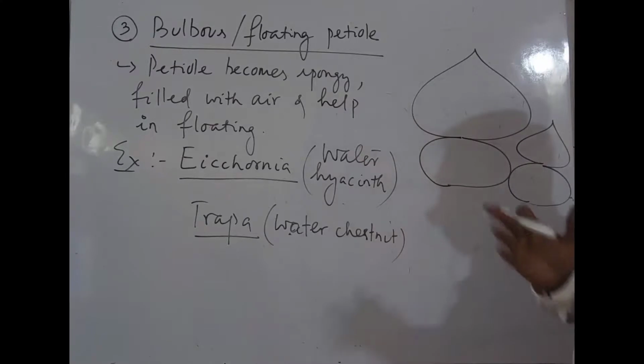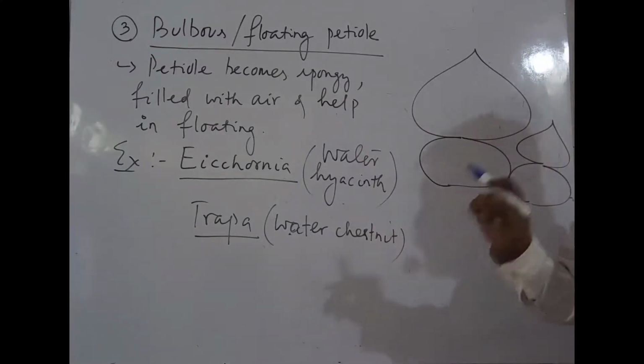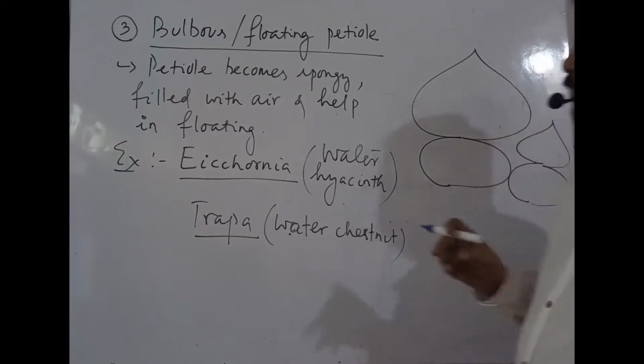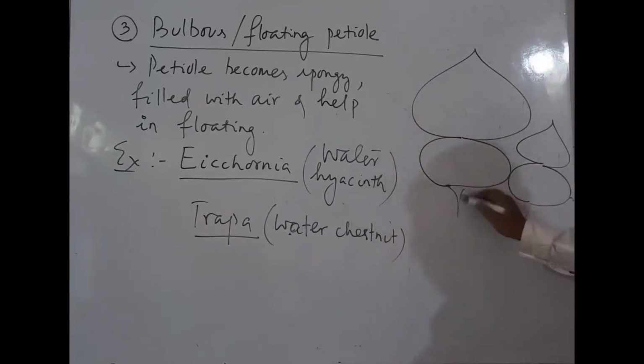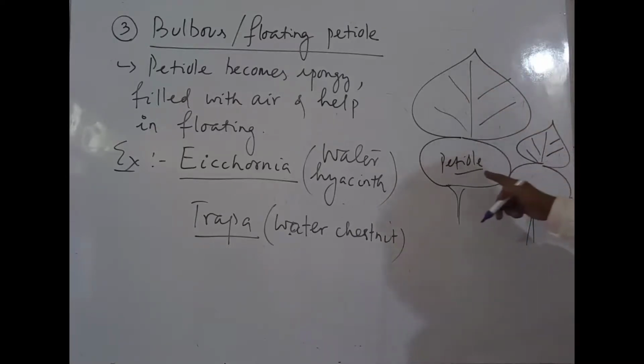There also the example of Eichhornia was given. You can see this one is the petiole and this is the lamina. This petiole is spongy, known as bulbous and floating petiole. It makes the plant float on the water surface.